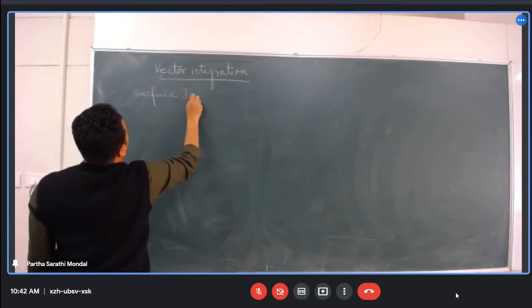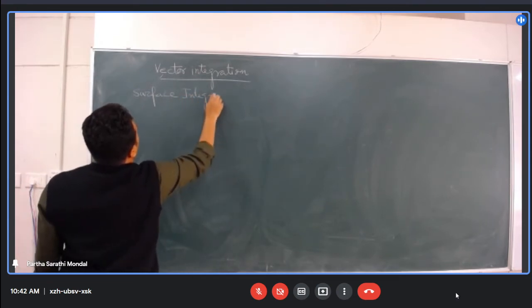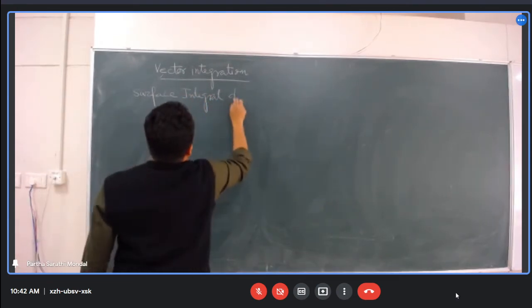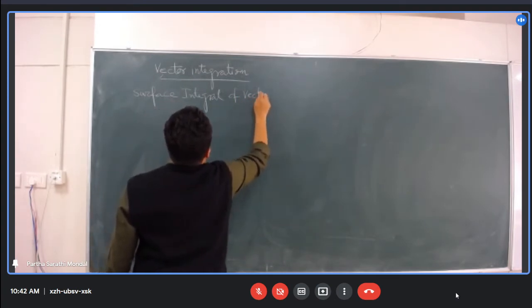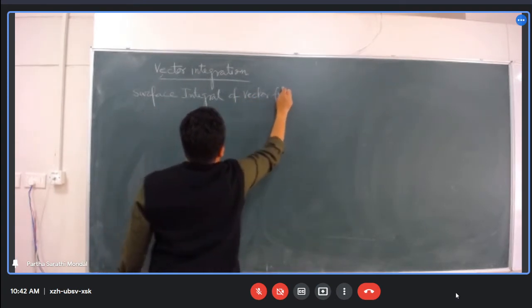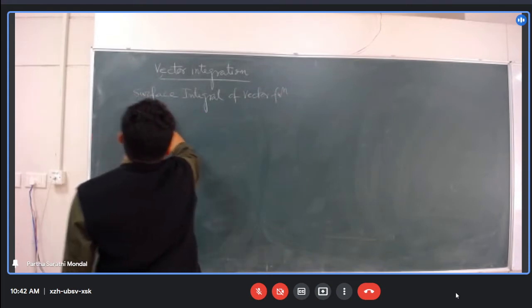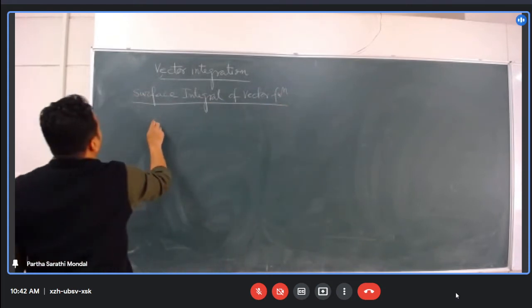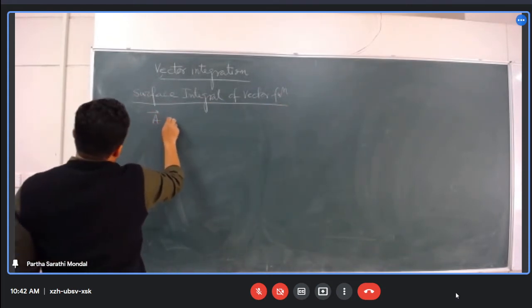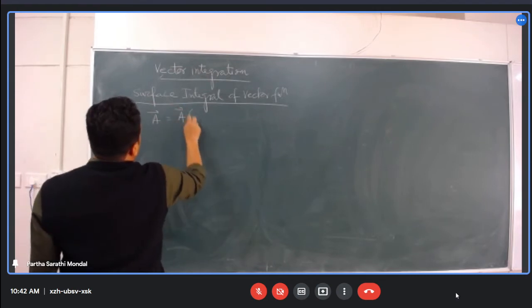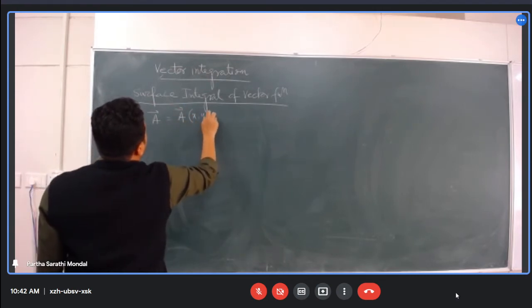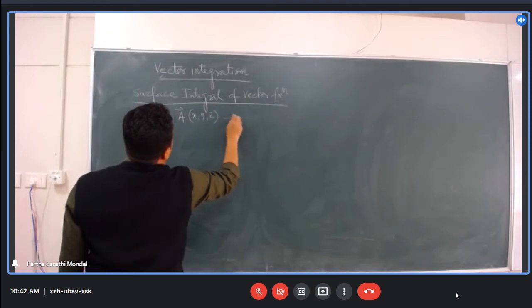Surface integral of vector function. Function will be the same. So we have a vector which is a function of x, y, z. It is a vector quantity, okay?